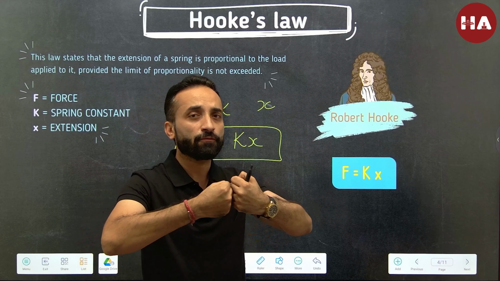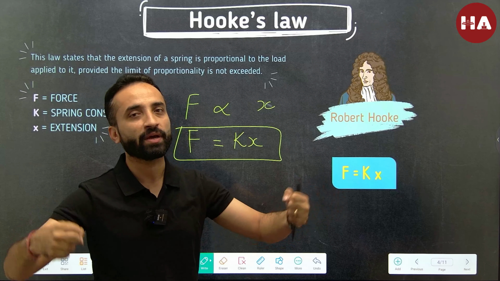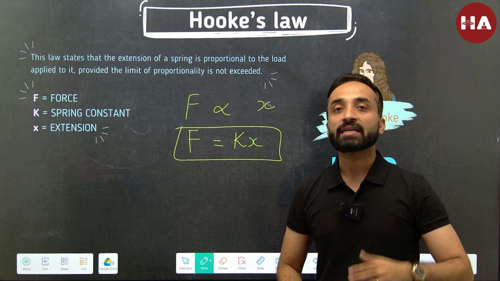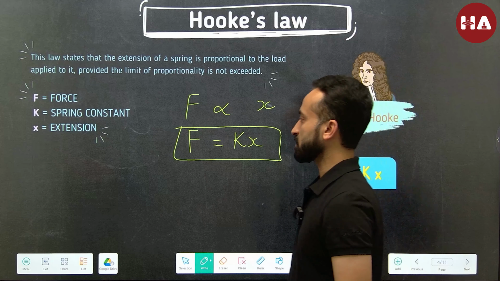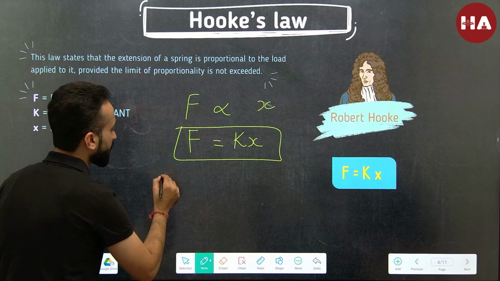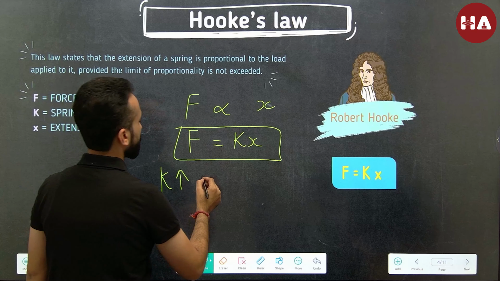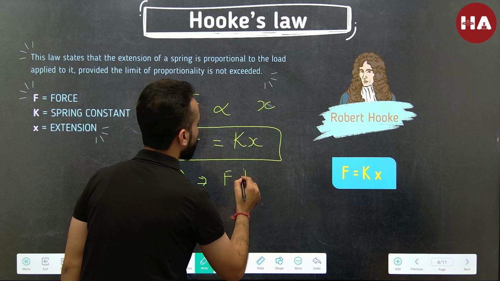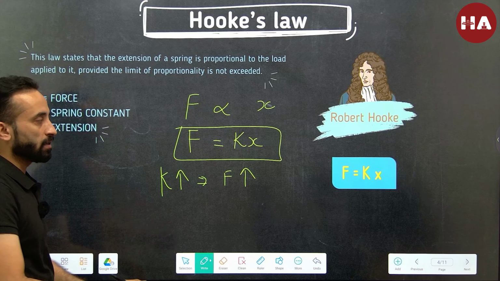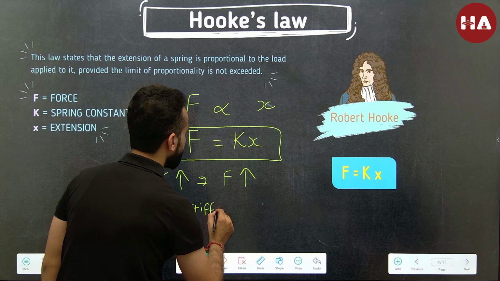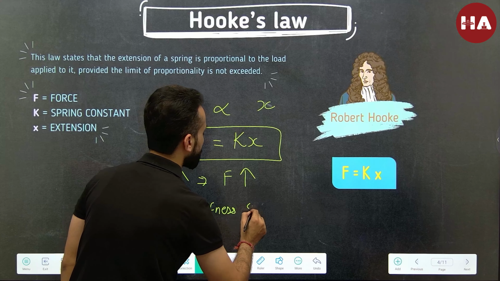Some springs you will feel that you need more force to extend them. That is what this takes into account, how stiff the spring feels. So can we say that if the value of K is more, then the force needed for the extension is also more. Hence, this can also be regarded as the stiffness constant.